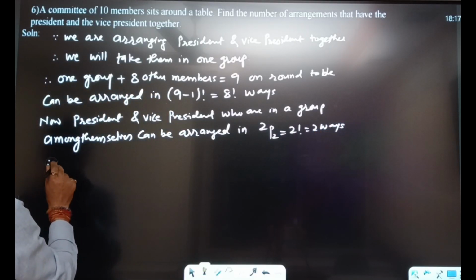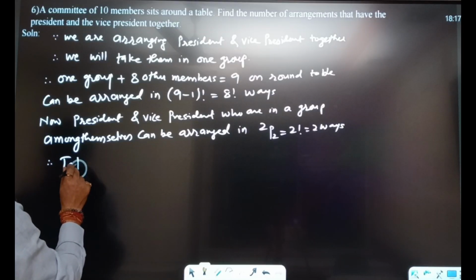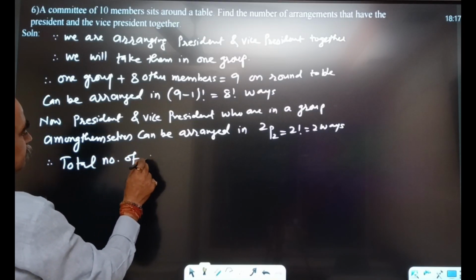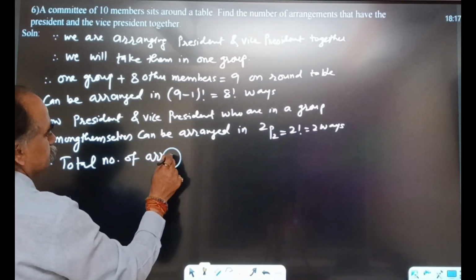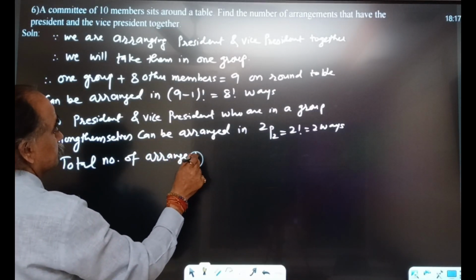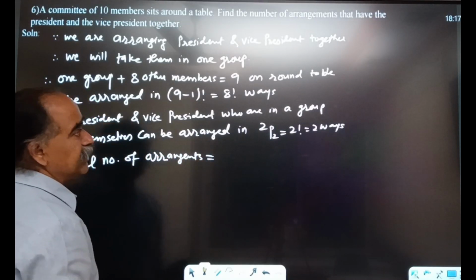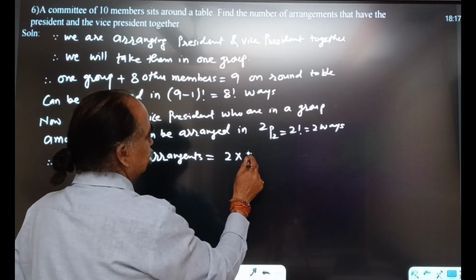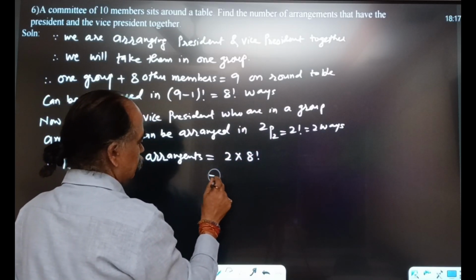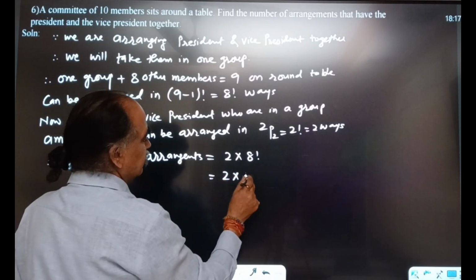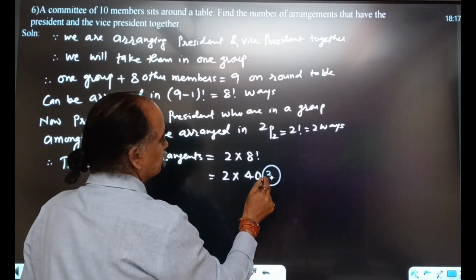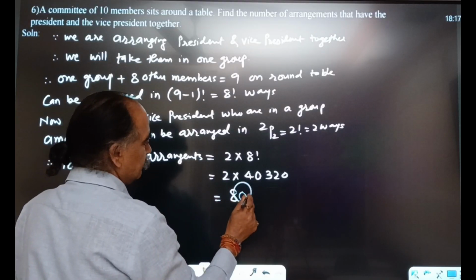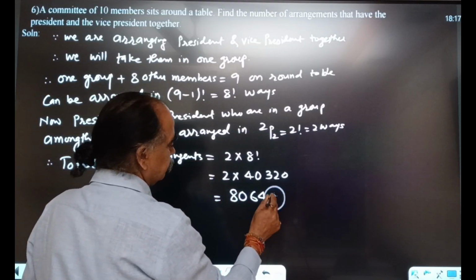Therefore, total number of arrangements is equal to 2 into 8 factorial, 2 into 40,320, 80,640 ways.